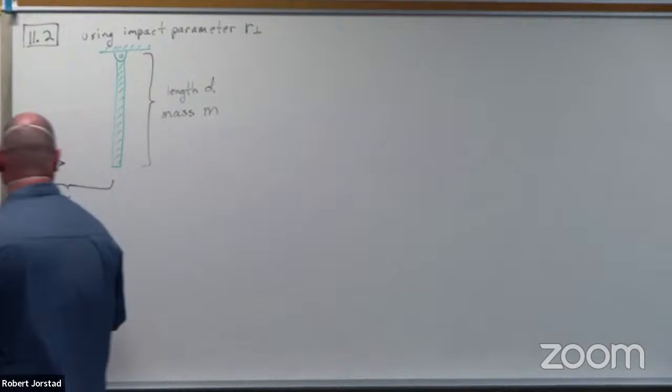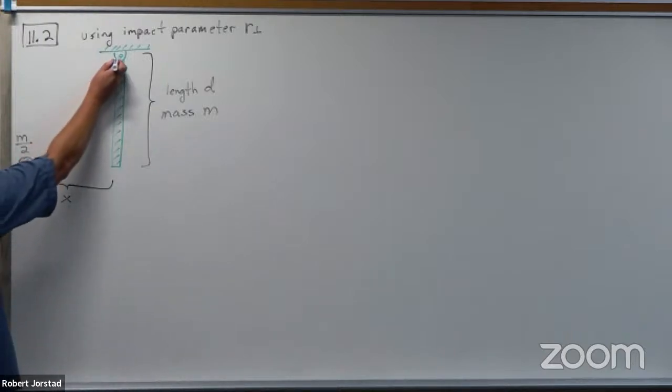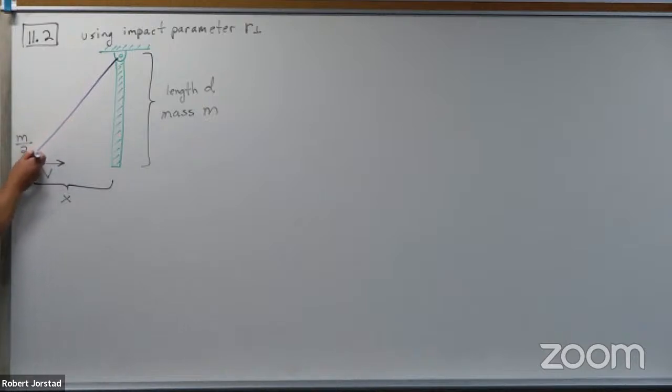Now, in this case, does anybody remember what the impact parameter is, or what the R vector is? Let's start with the R vector. What is the R vector? From what to what? From pivot to the particle that's going to have an impact. Do you agree this is going to impact?